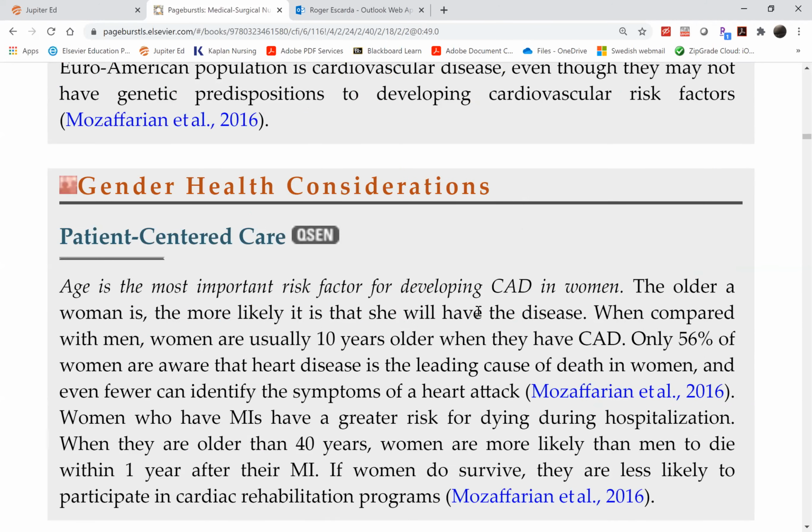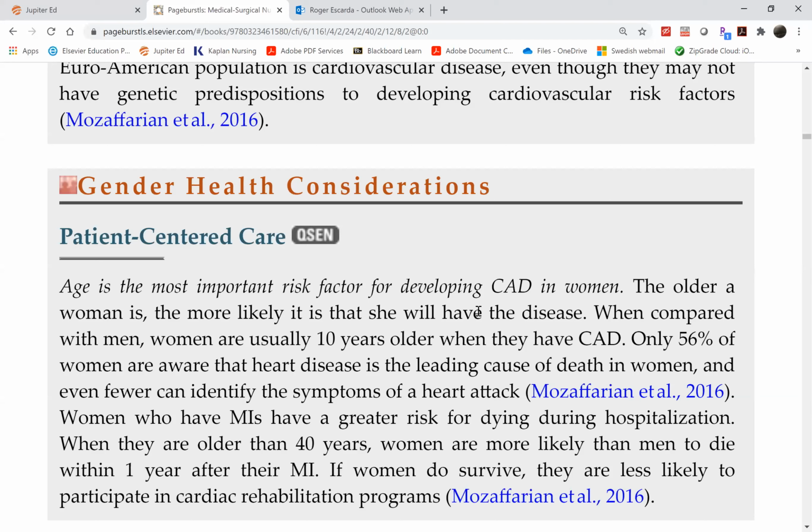Besides age, we have different risk factors, but what makes women's mortality higher than men's is the characteristics of the MI. Most females with MI do not have the typical chest pain symptoms.